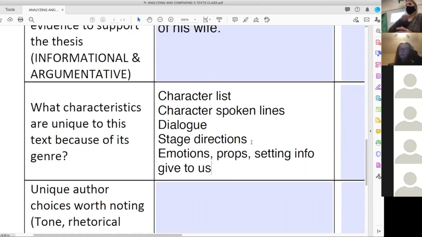If I was reading a poem, how do I know the speaker's emotions in a poem? There's a narrator, right, in a poem and in other writing. What are some other ways, like if this was a poem or something else, we would know? From the diction, the word choices, right? Those kinds of things. And yes, drama has word choices and things, but like we said, it's spelled out usually how they're feeling or how they're acting, right?